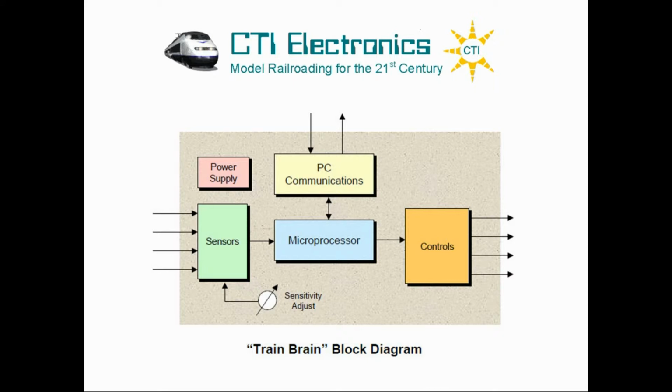Even if you don't buy any CTI products, this software is excellent and may challenge your thoughts associated with how you're going to run your trains. I personally think this company has done a great job designing a control system, and it is worth your time to consider it. We will be talking in more detail about CTI in a little while, but first, let's talk about what our options are.